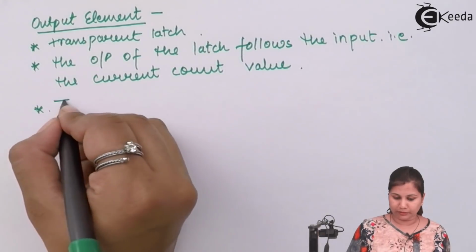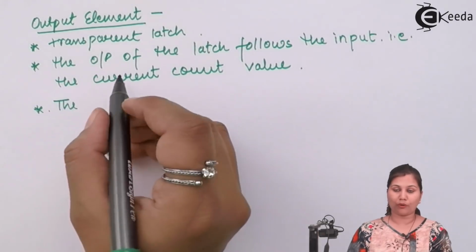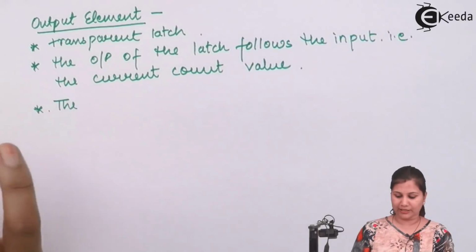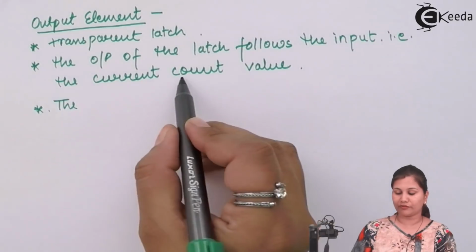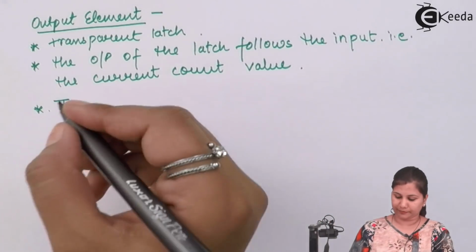Now the value of this count can be latched by using the appropriate mode, because we know that there are different modes in which the 8253 timers can be programmed. Depending upon the modes of operation, the value of the count can be latched.